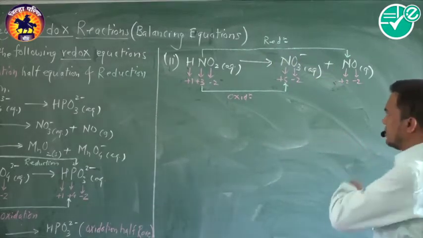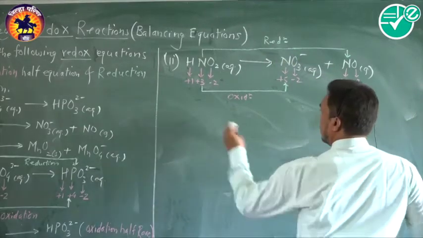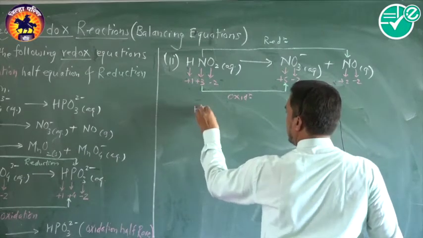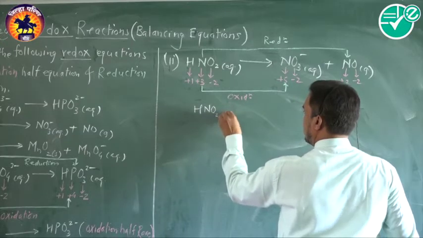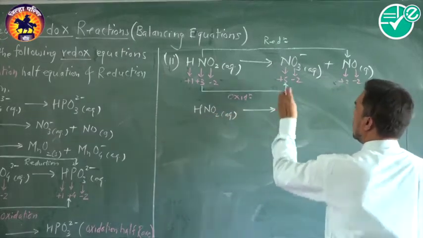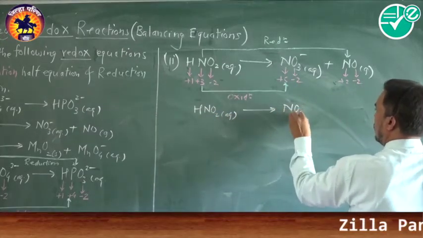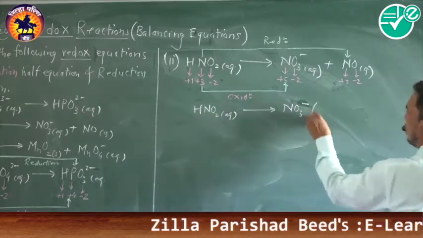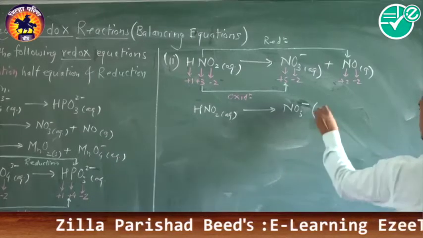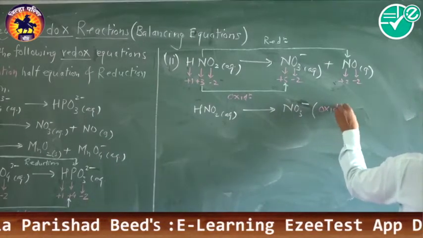Write them separately: nitrogen with oxidation state +3 changes to NO3-. This is called the oxidation half reaction.